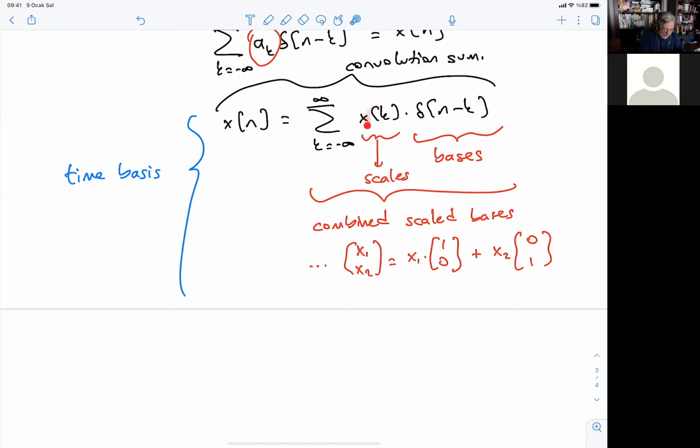So this new representation will be different from x of n. Here, x of n and x of k are the same value-wise. This will be a new representation, and this new representation will define the transformation from x to the transform domain. Again, I will scroll up.